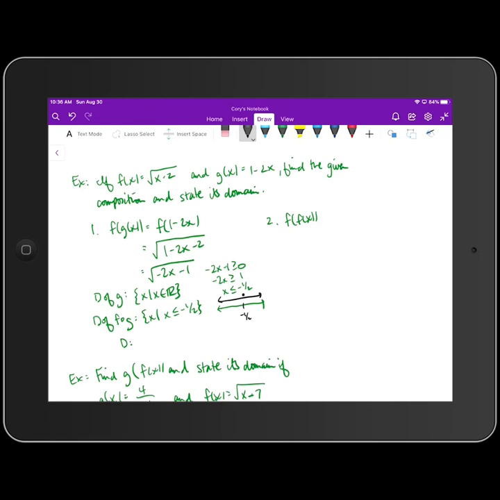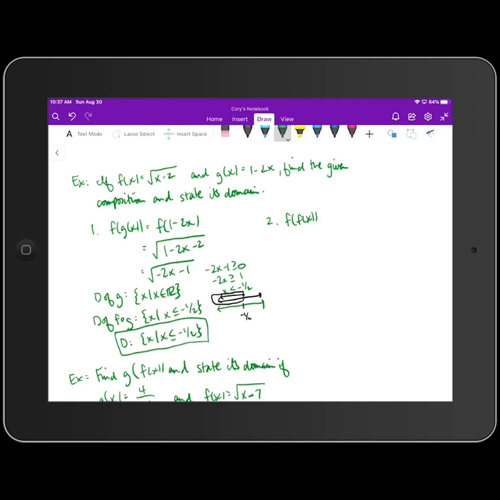So you'd have a closed dot at negative 1/2, and the graph goes to the left. What do both of those solutions have in common? Well, it's going to be all the values that are less than or equal to negative 1/2. So our domain here would be the set of x such that x is less than or equal to negative 1/2.